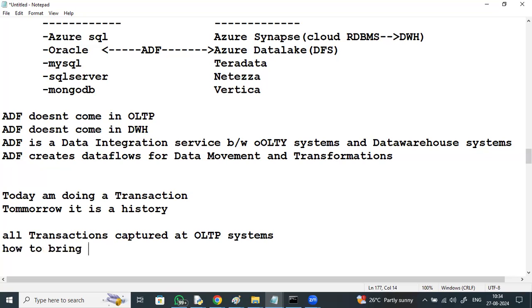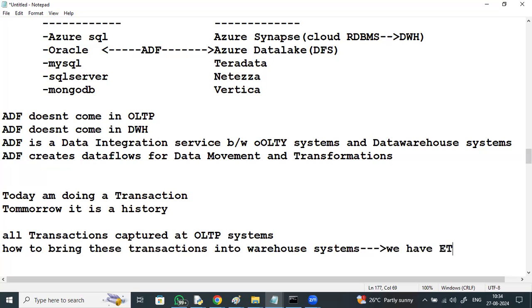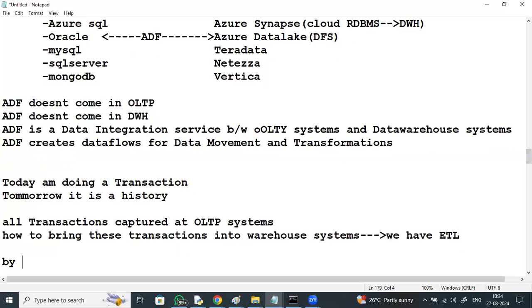into warehouse systems? Generally, we have ETL. By using ETL tools.